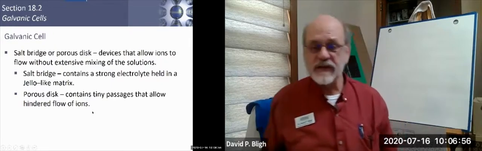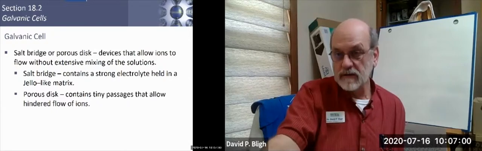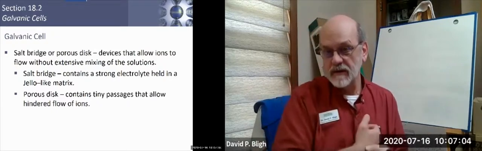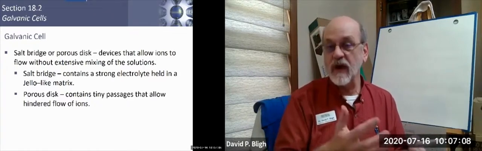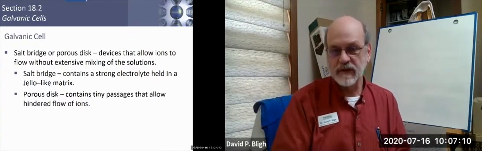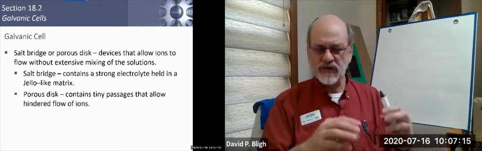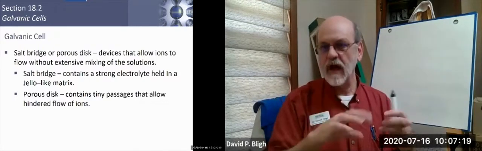If we were to do this in the lab, we would get some agar, right? Everybody knows what agar is. It's a very complex polymer that's derived from natural sources, usually seaweed, and it's used to stabilize a solution, lock it in place.